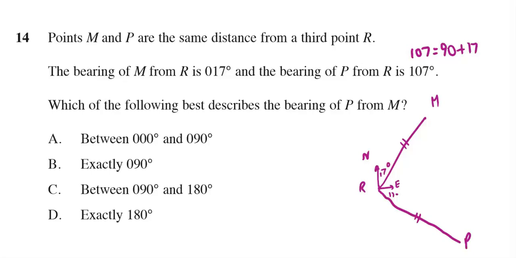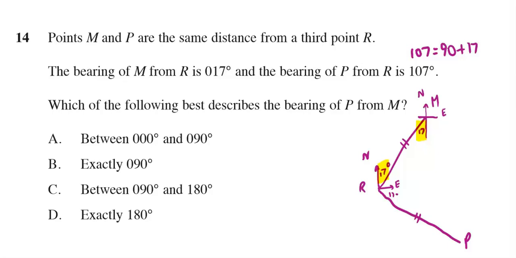And I need to find the bearing of P from M. I'm going to draw my bearings there. So there's north, east, south, west. Now, if this one's 17 degrees, I know that this angle in here is also 17 degrees because alternate angles are equal on parallel lines.